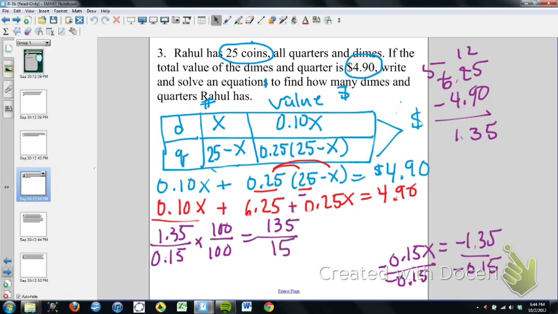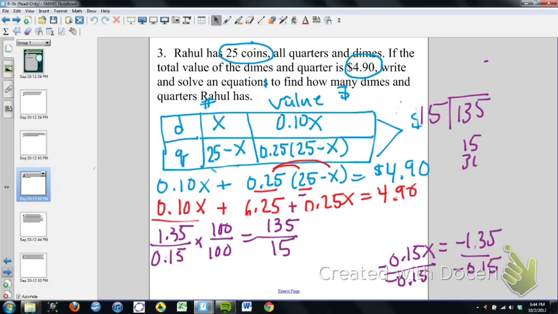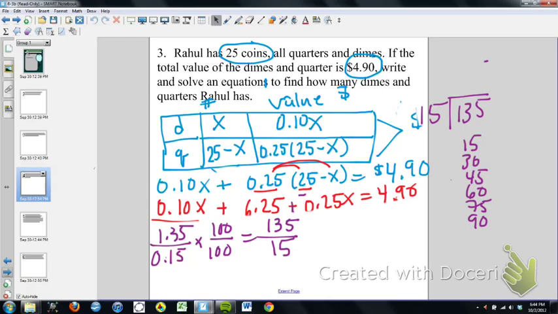Okay, so let's do some more work here. 15 goes into 135. Well, we have 15, 30, 45, 60, 75, 90 would be next, 105, 120, 135.